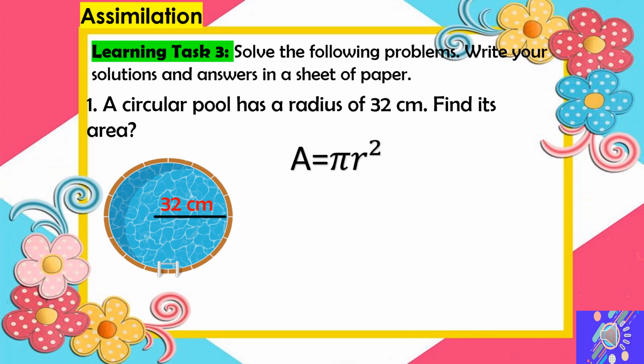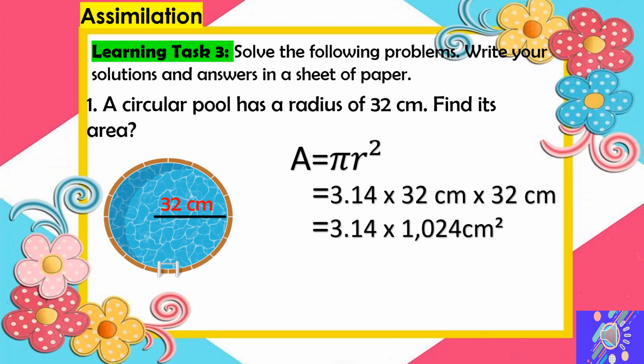So again, the formula is A equals pi r squared. Let us now substitute. So 3.14, the value of pi, times 32 centimeters, which is the radius of the circular pool. So we will double the radius: 32 centimeters times 32 centimeters.